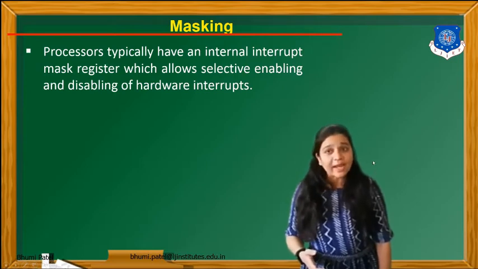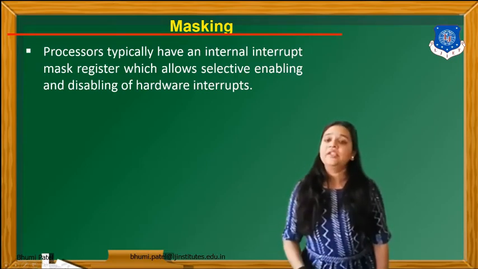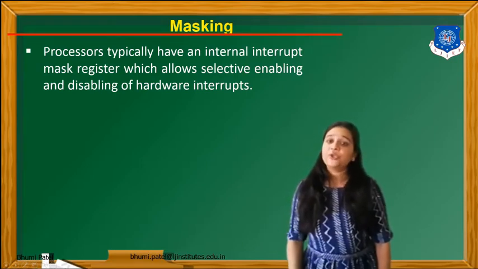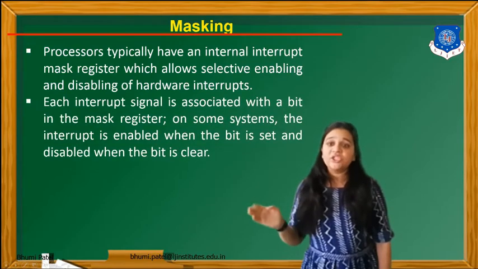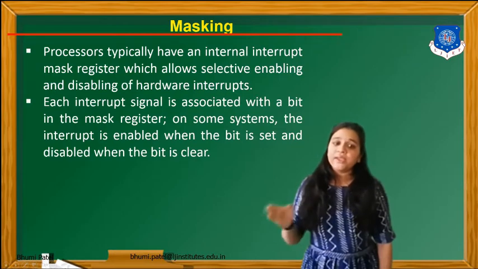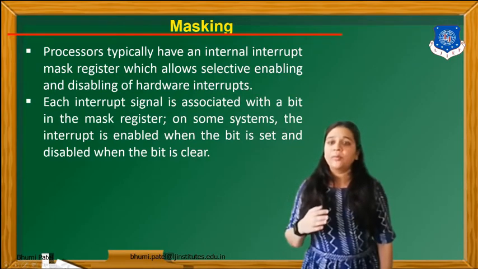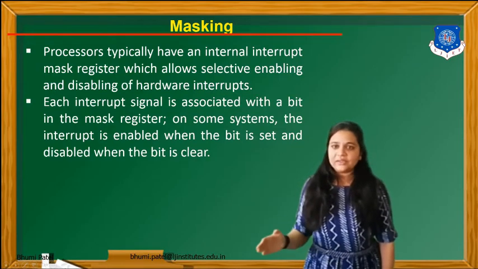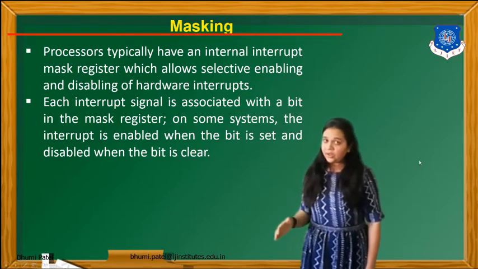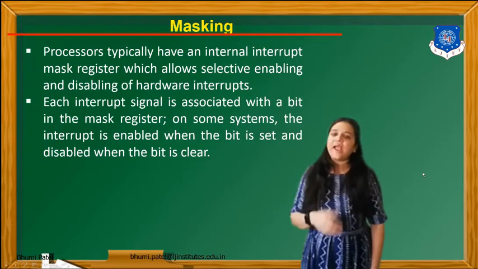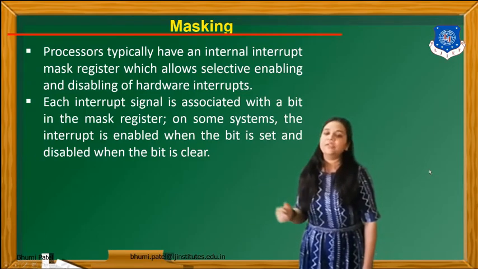There are two types, masking and non-masking, used as the internal interrupt mask. Each interrupt signal is associated with a bit in the mask register. On some systems the interrupt is enabled when the bit is set and disabled when the bit is clear.